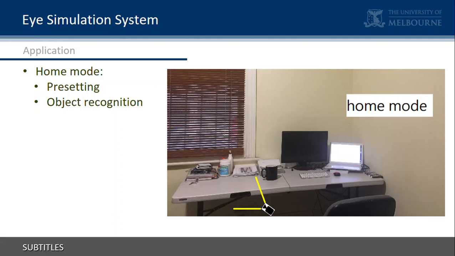The application will run the object recognition algorithm based on the captured image. If it is not found, the user can rotate by an angle and give the command again. These procedures should be repeated until finding the object or confirming the target is not in the space. All the above is the details of our eye simulation system.